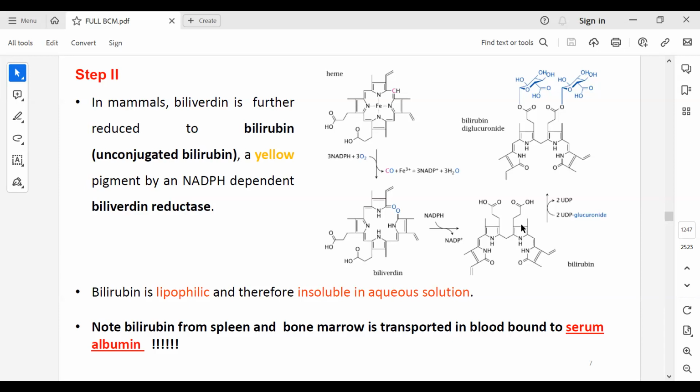Because it's highly lipophilic it can cross barriers and has a higher volume of distribution, and that's why this bilirubin will now be made hydrophilic, so that it can be excreted in the urine.